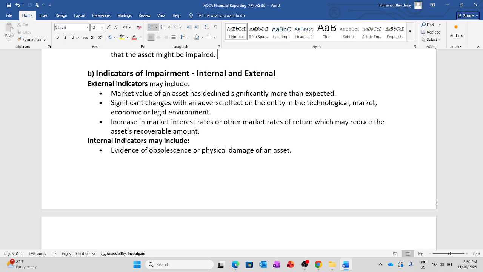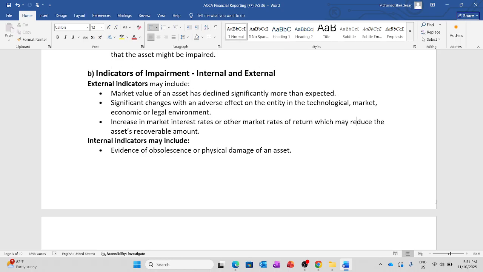So we have lots of technological changes, and lots of market, economic, and legal environment changes that might affect the business adversely. So that effect should be considered to be an indicator of impairment. So this is an external source. Also, we are going to look at the increase in market interest rates or other market rates, or the reduction in the recoverable amount. We are going to look for these as they can be external indicators of impairment.